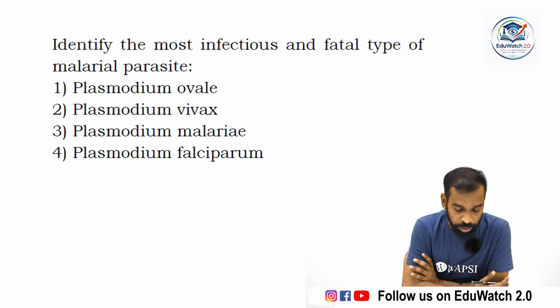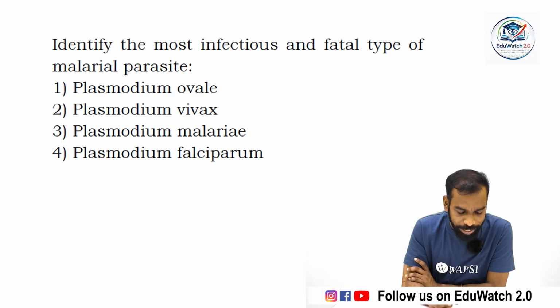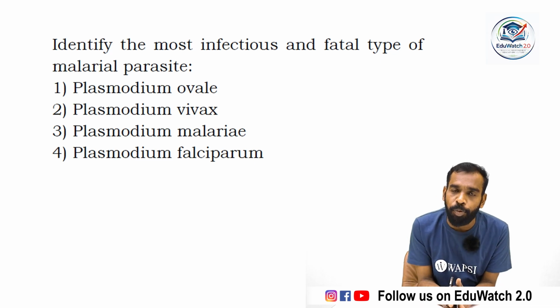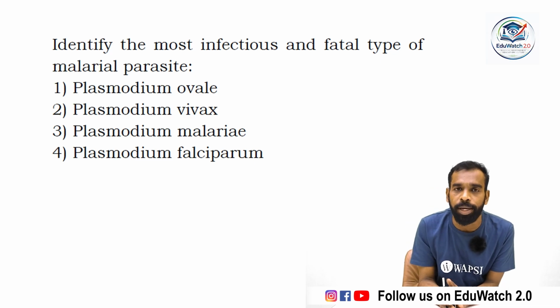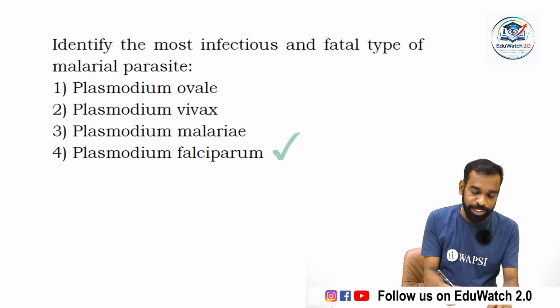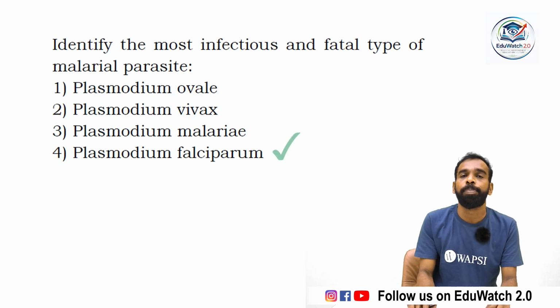The most dangerous one... The fatal type of malarial fever is caused by Plasmodium falciparum. Correct, that statement is clearly given in our syllabus. Get me? The most dangerous type of malarial disease is caused by Plasmodium falciparum.